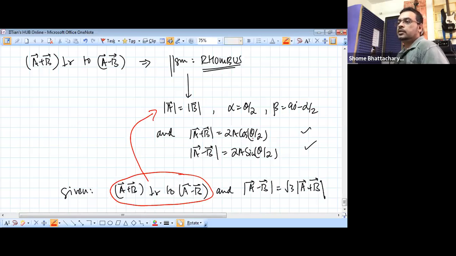You've already made this connection, and now you can substitute these formulae over here. That will give you the unknown angle theta.